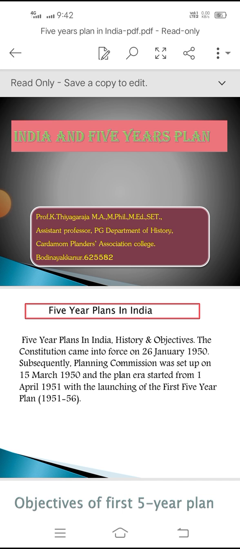For the first five-year plan, the Planning Commission was set up on 15th March 1950, and the plan era started from 1st April 1951 with the launching of the first five-year plan, 1951 to 56.